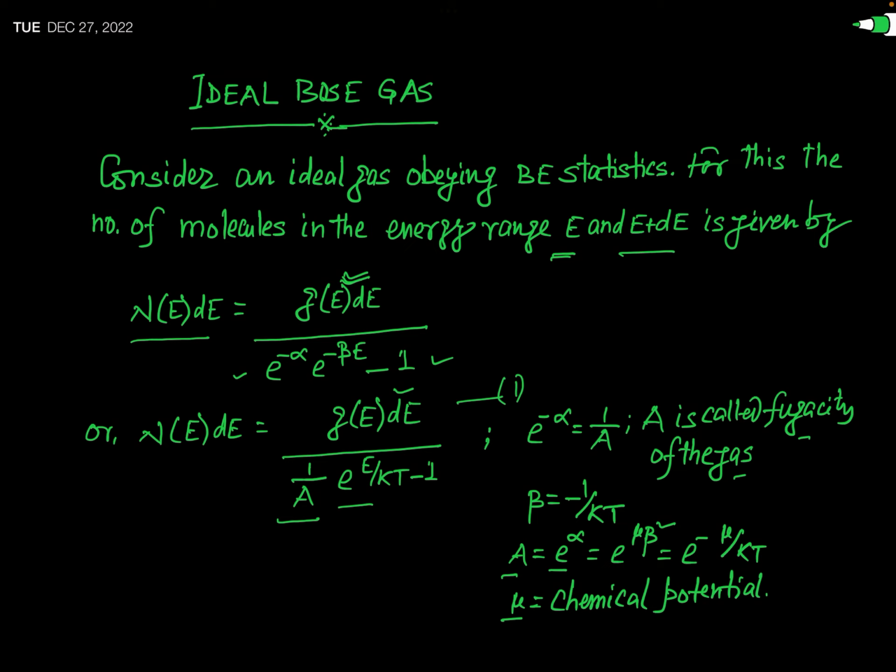So this fugacity of the gas A is given as E to the power minus mu by kT. So the value of this A depends on the chemical potential of the gas.